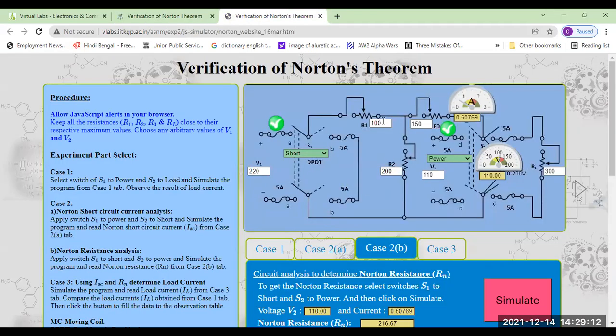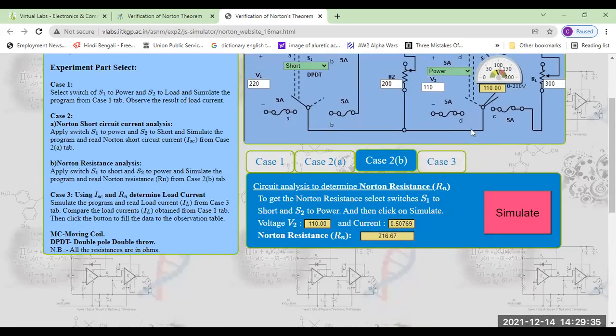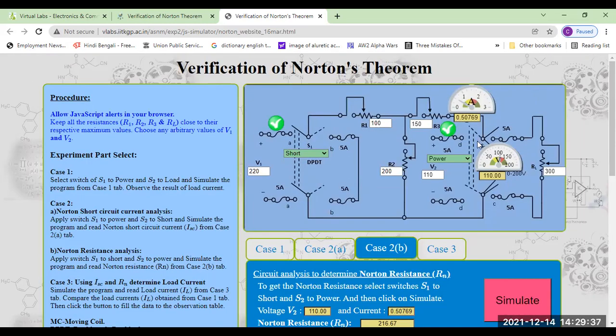But here nothing is there, so we have to short this. We get the circuit. If I apply some voltage over there, we can measure the current across this portion and the voltage across this portion. If I divide this voltage by this current, then we easily get the resistance over there.